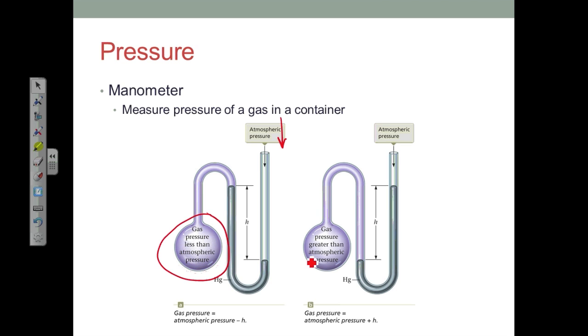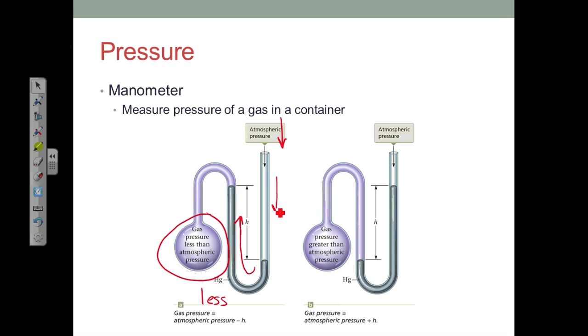Is the gas inside this vessel more or less than the atmosphere pressure? Good, less. It is less than the atmosphere pressure. Why? Yeah, our atmosphere is pressing down on this mercury, so it causes our mercury on the other side to go up. And we can calculate this difference in pressure with that H, the height.